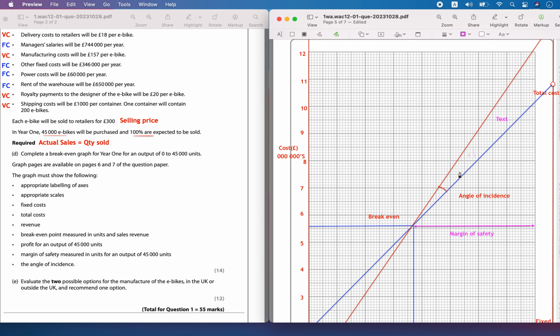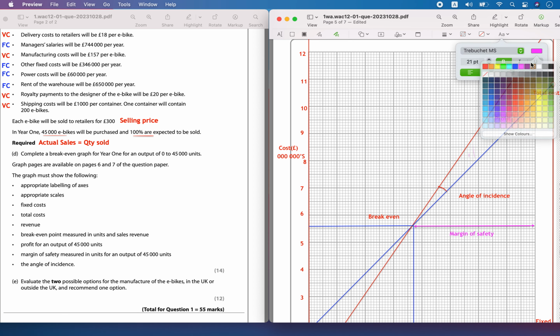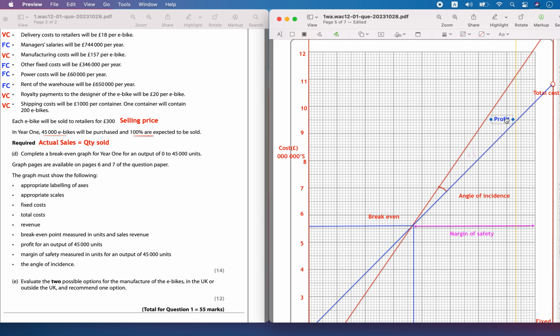Above the break even point, this area you will have the profit. So let's write here, this is the profit area, this is the profit you will achieve. And here it is the loss, anything below the break even is the loss.